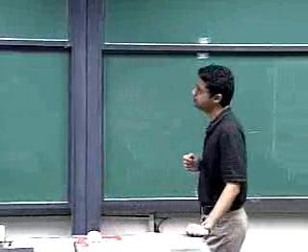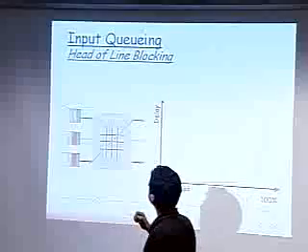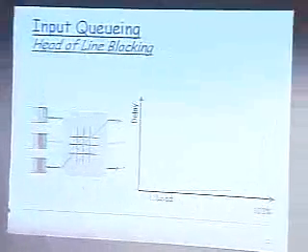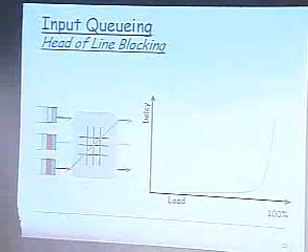Now, one problem with this input queuing is what's called head of the line blocking.